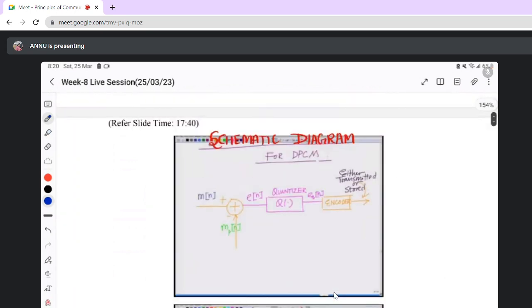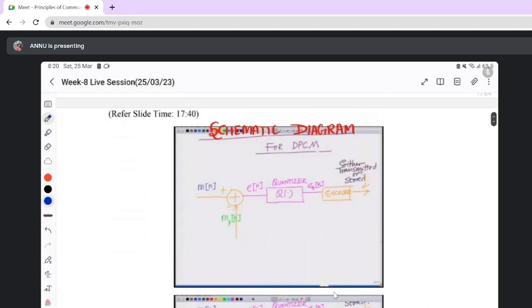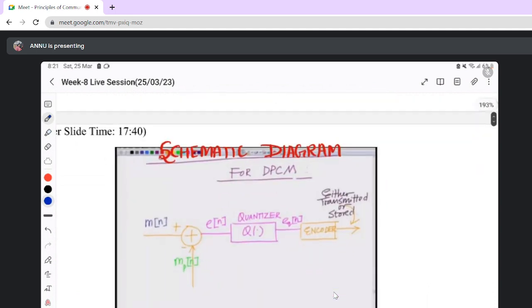This one is a systematic diagram for the DPCM. If you have input as m(n) and m^(n), the predictive nature of output, then you have this error, and the quantizer here has only the error as input.